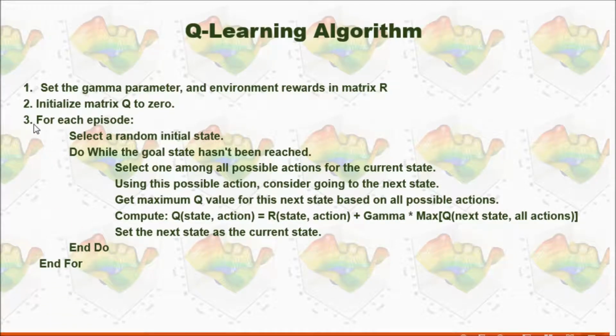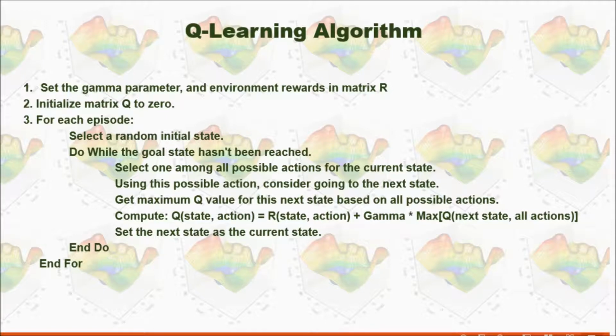And then we have a for loop here. That is, we'll go through this loop several times. Usually it's 1,000, maybe a couple of thousand times.